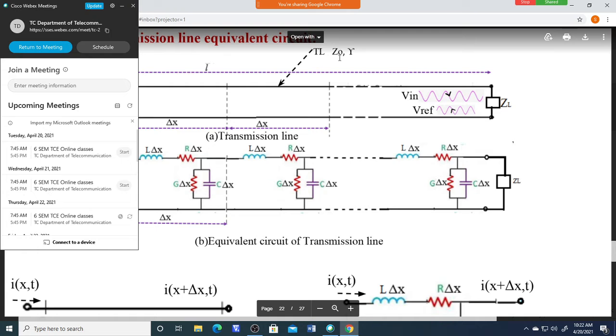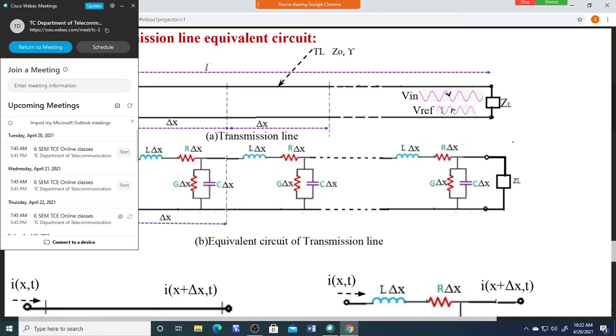We have to derive that relation. As I said, this phase and amplitude are related to this ZL. Then what is the relation between ZL and Z0? If you know ZL and Z0, we can calculate the phase and amplitude of this reflected wave with respect to the incident wave.